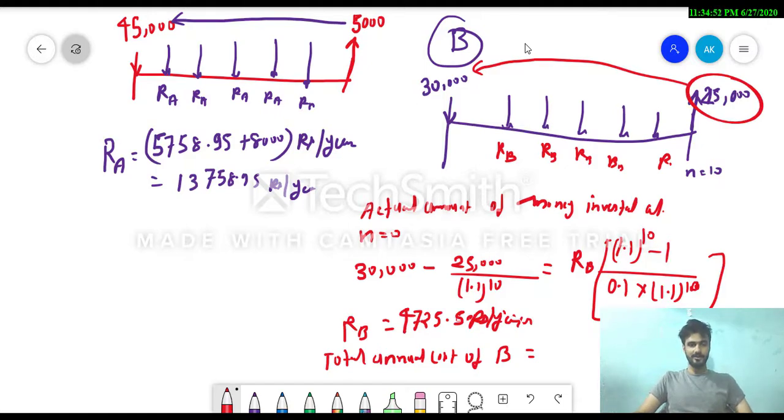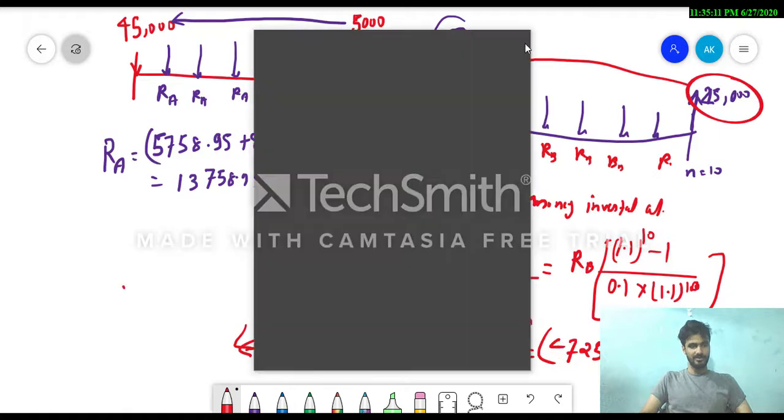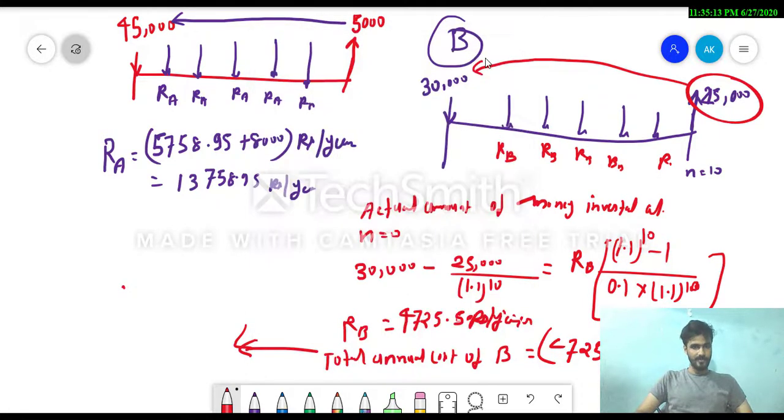Now you will be getting the total annual cost of B, that is equal to 4725.5 plus 15,000, that is the annual operating cost, rupees per year. And from here you will be getting the total value, that is equal to 19725.5 rupees per year.